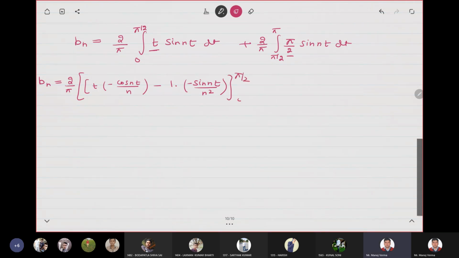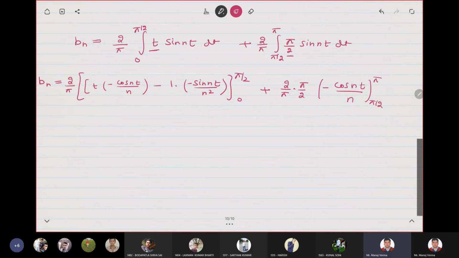I have applied the chain rule. Now you are familiar with the chain rule. And in the second integral, 2 by pi into pi by 2 I am taking outside, and this will be the simple integral, minus cos nt divided by n in the limits pi by 2 to pi.